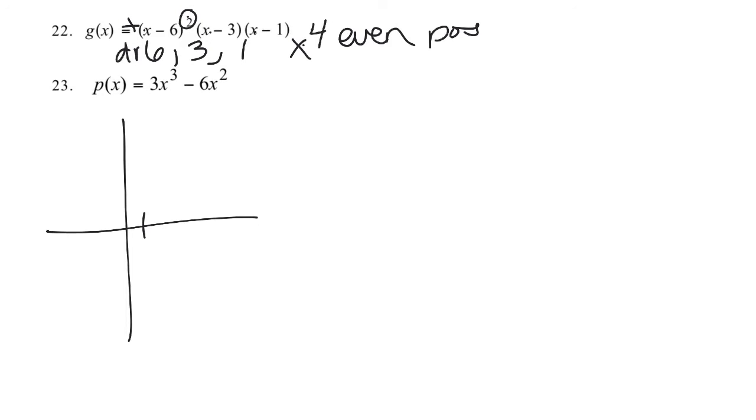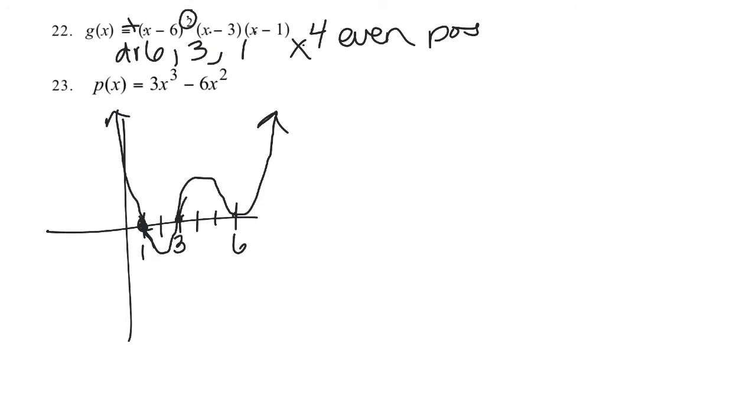So we have 1, 3, 4, 5, and 6. So the graph's going to start here. It's going to pass through the 1, turn around and go through the 3, turn around and bounce off the 6, because the double roots bounce. And again, the end behavior notation would be the same as the last one.